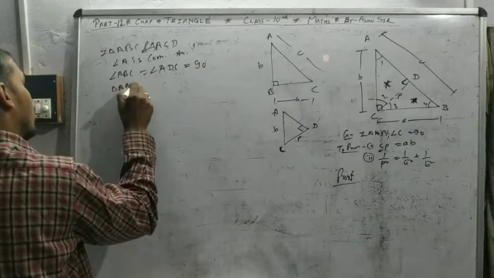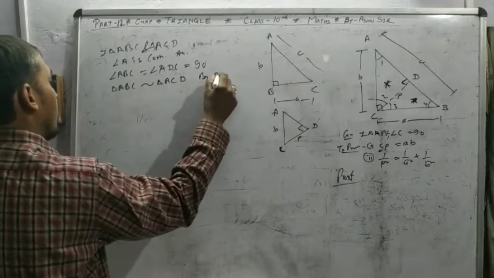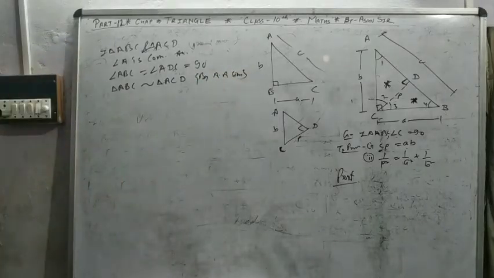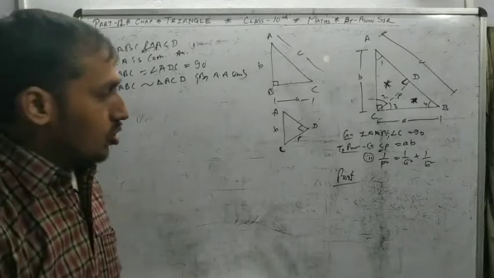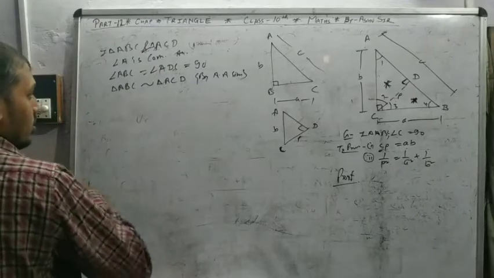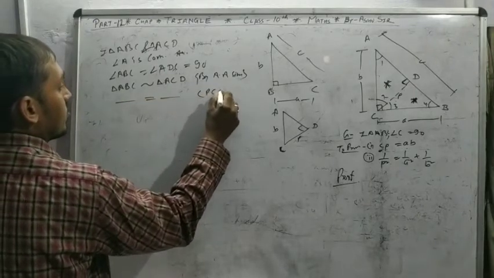So triangle ABC is similar to triangle ACD by angle similarity. We have to prove triangles similar in very fast steps, because if you solve more questions, similarity becomes very easy for you to prove. Then write the corresponding parts that we have to use.